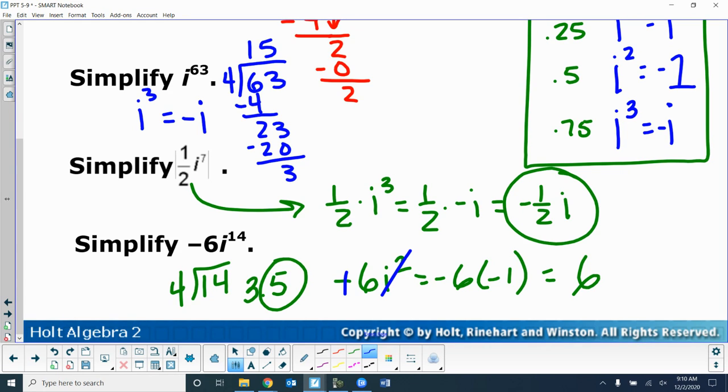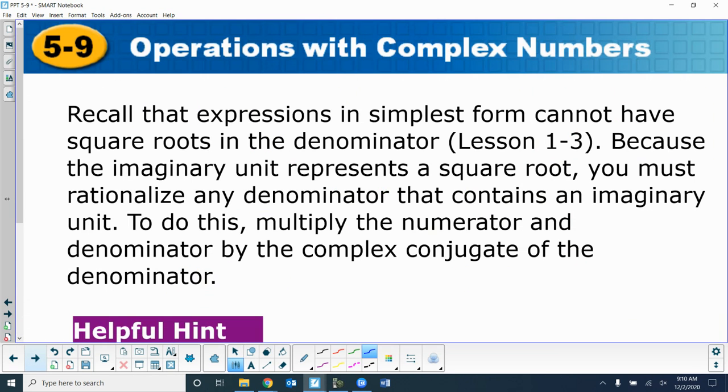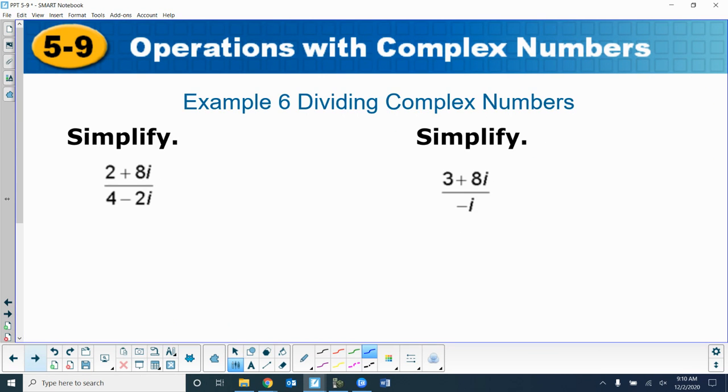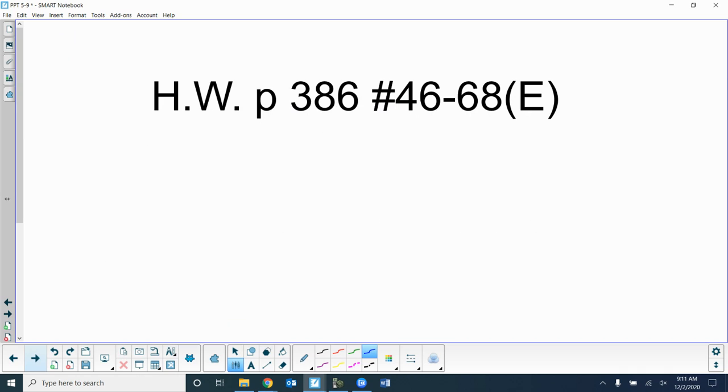Okay? So, we didn't get to division, so this is changing, this assignment. All right, let me change it.